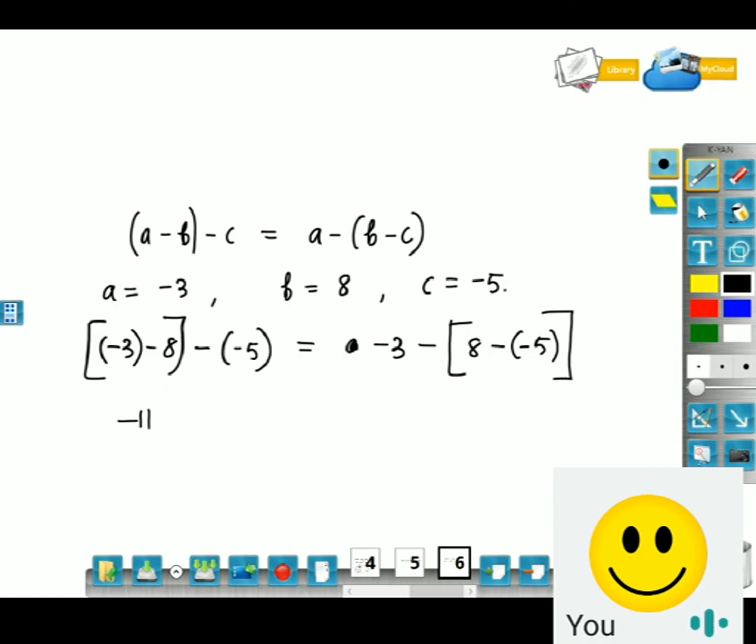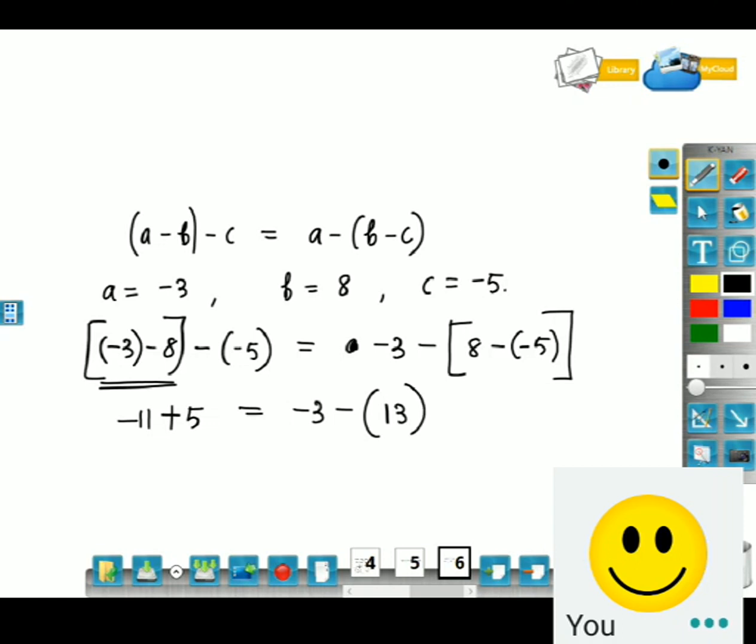Minus of minus will become +5. So -3 -8 has become -11, and minus of minus has become +5, is equal to -3 minus 8 minus -5. Minus of minus will become +5, so 8 plus 5, you will get 13.